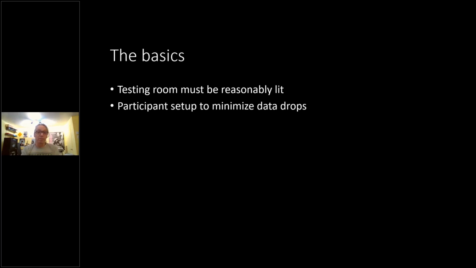You want to set up your participants to minimize data drops. In the case of infants, I like to put them in car seats close to the stimuli and eye tracker. Minimize movement. They're comfortable, less likely to get fussy and drop out. Adult participants, well, eye trackers such as Tobii accommodate some head movement, but a good chair that keeps people steady will help you a lot.